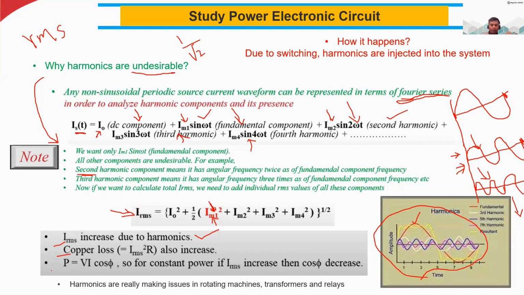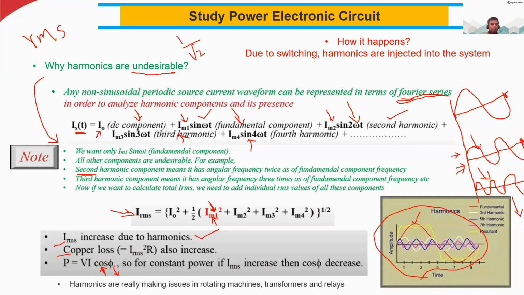And we know the power formula, P is equal to VI cos phi. Cos phi is the power factor. Do you remember? Have you studied these things earlier? Because of this increased RMS value, the power factor will be reduced. If the power factor is reduced, then the efficiency of the entire application, whether it is a machine or generator, AC machine or DC machine, will go down. So we do not want the power factor to decrease.